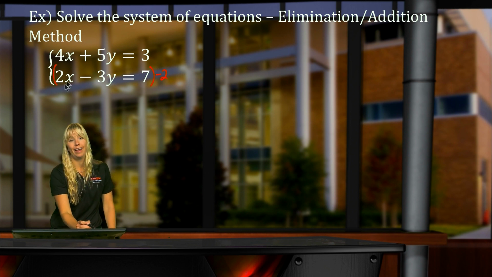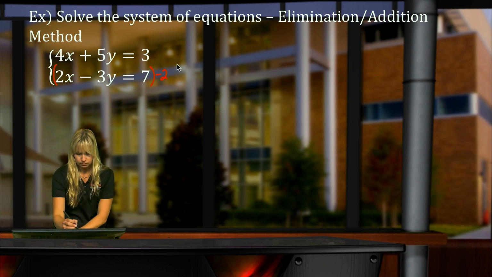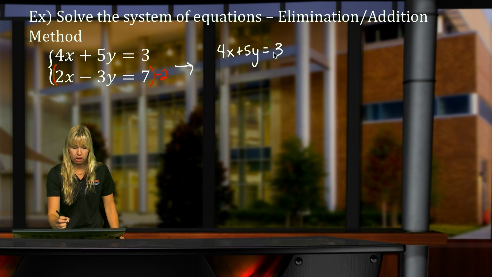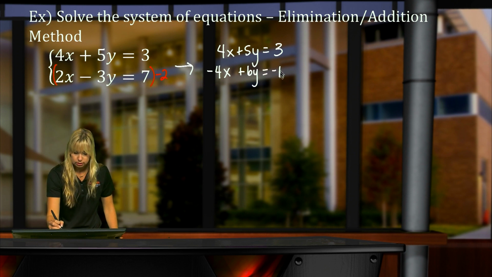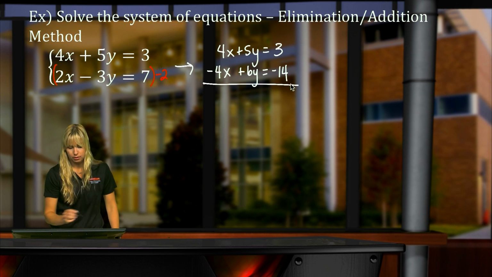And when I do that, I'll get -4x, which when combined with positive 4x is 0. So we have 4x plus 5y equals 3. My first equation did not change. And -4x plus 6y, make sure you distribute across all terms, equals -14. Being careful of the signs.